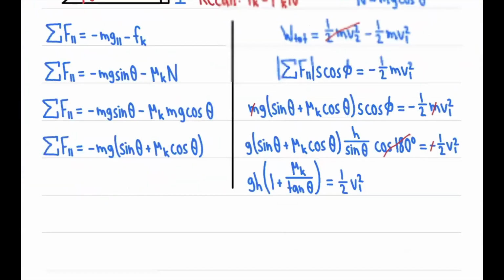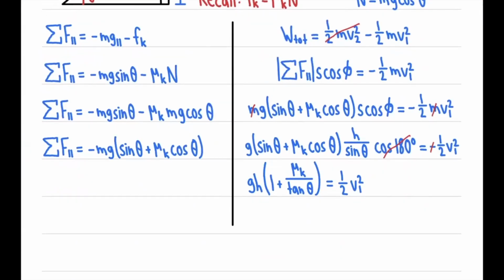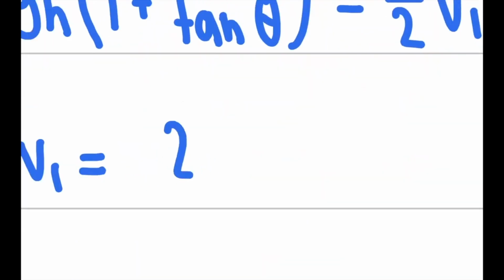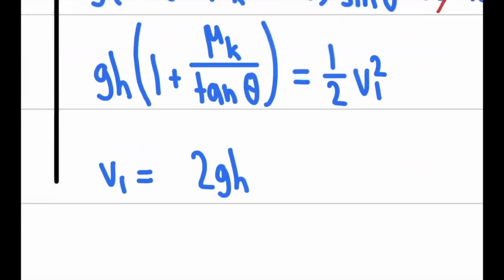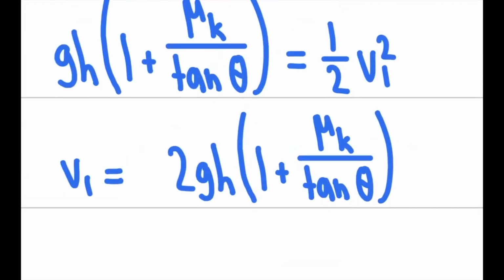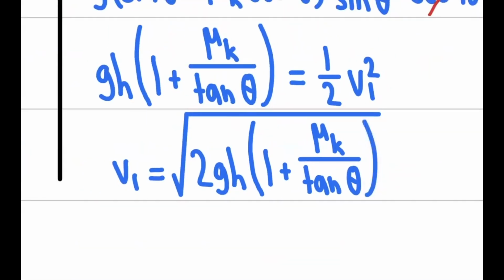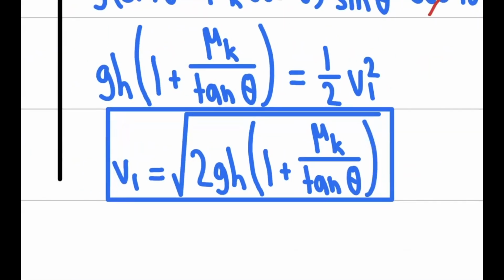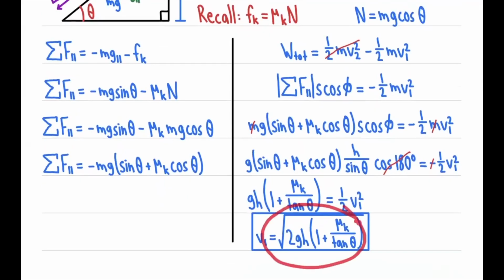So v1 is the minimum speed. All I have to do is multiply by 2 and take the square root. So v1 equals the square root of 2gh times 1 plus mu k over tangent theta. Looks so much prettier when there's no numbers. So that's the minimum speed.